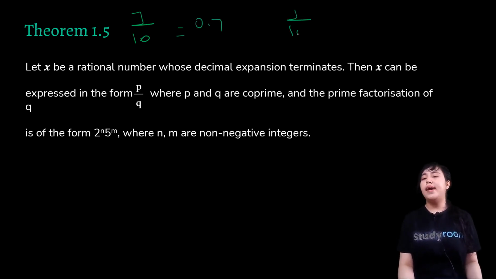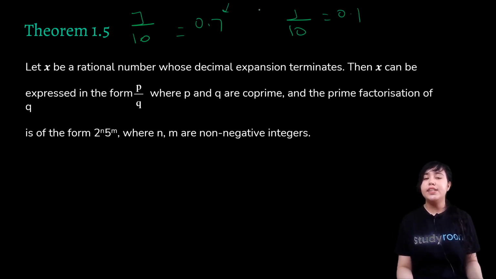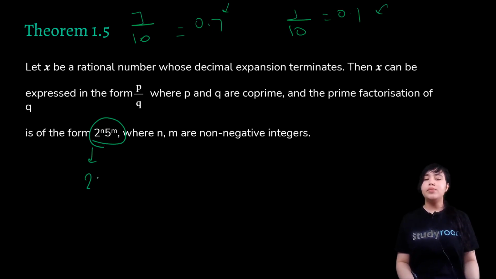If I give you 1 by 10, it becomes 0.1. For the simple reason that if the denominator is a multiple of 10, I get a terminating decimal. Due to this reason, I'm saying that the denominator should be of this form. Because if my denominator has, say, 2, I can always multiply it by 5 and get 10. So I can get a terminating decimal.